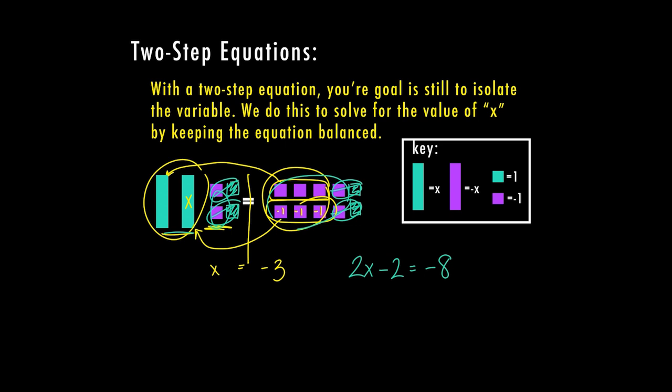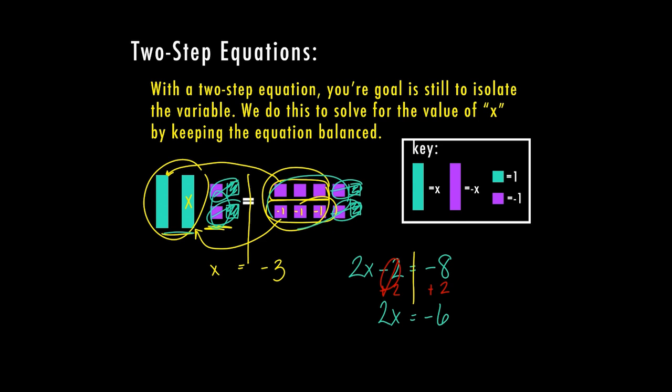Then I'm going to solve it just like any other two-step equation. Again, I want to split it down the equal sign. I'm going to have to move my -2 first, so I'm going to add 2. And whatever I do to one side, I have to do the other, so this is zeroed out. On the left side, I have 2x equals, and we know a -8 plus 2 is -6.